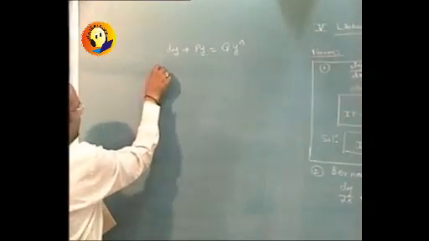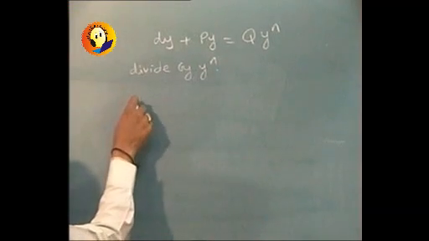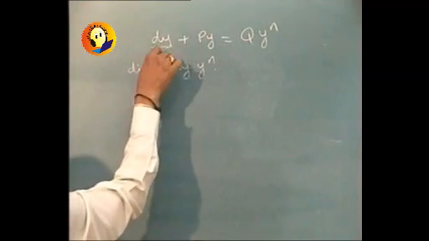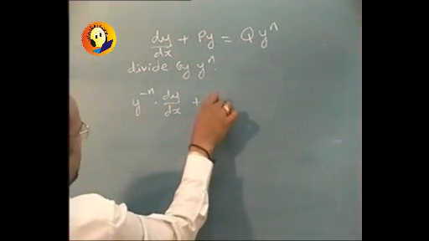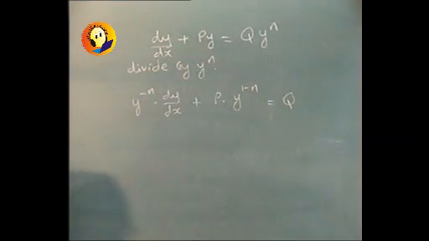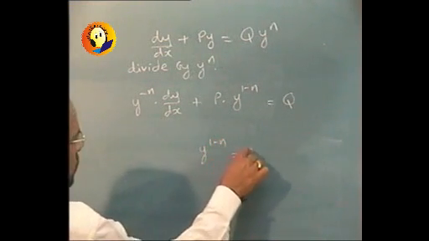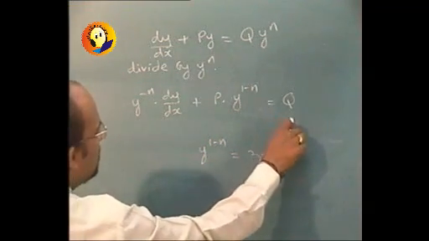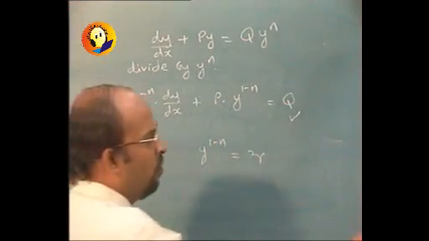We say that divide by y raised to n, and we get y raised to minus n dy by dx plus P into y raised to 1 minus n is equal to Q. So once we divide by y raised to n, if y raised to 1 minus n is assumed to be z, because we have already managed the right hand side, this should be in the form of Py, referring back to our form number 1.